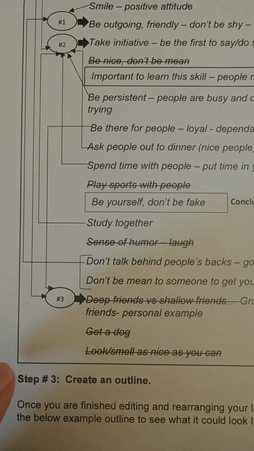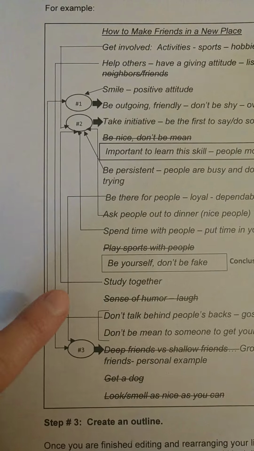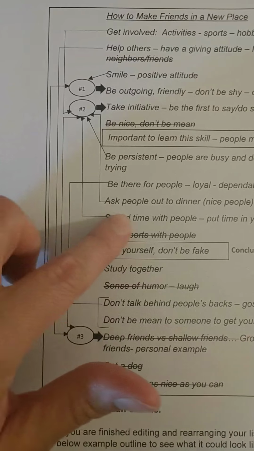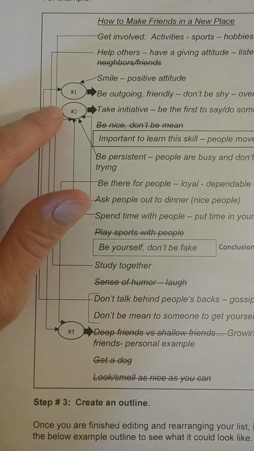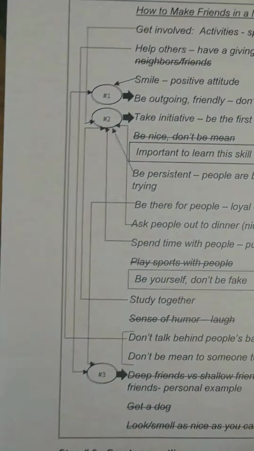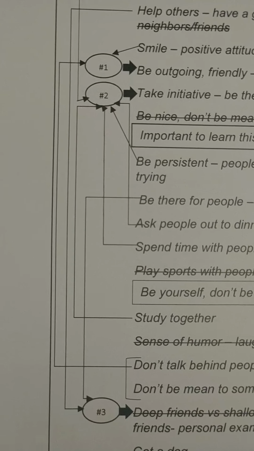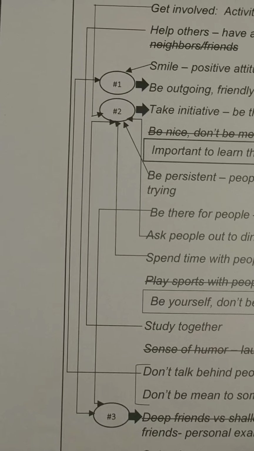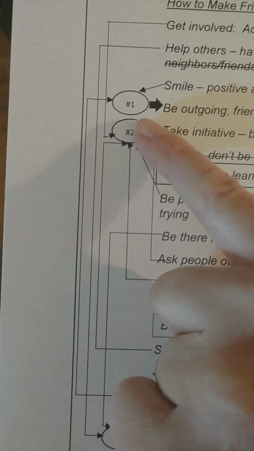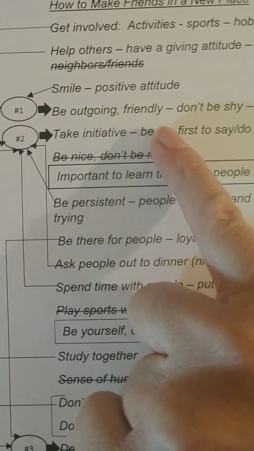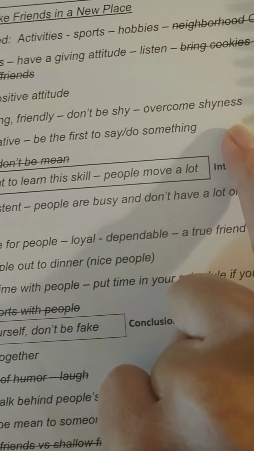This is a little crazy to understand because I linked a bunch of things together with the numbers, but you can see I did find the 3 main points that I would like to develop in my essay. Number 1, be outgoing, friendly, don't be shy, overcome shyness.